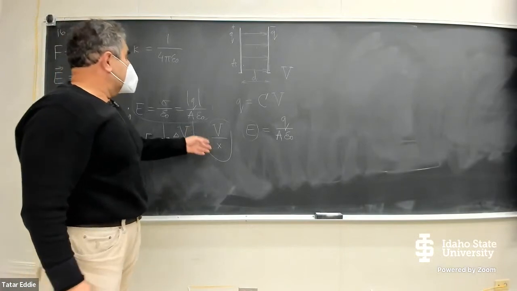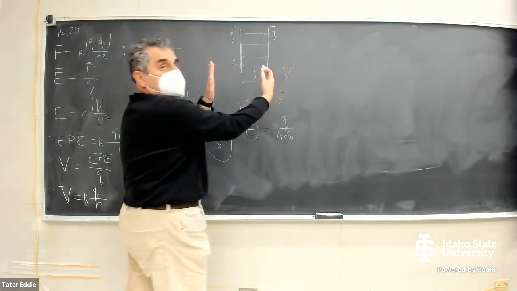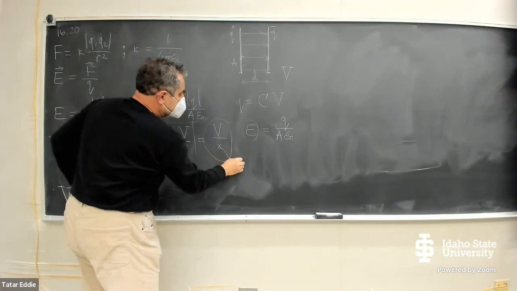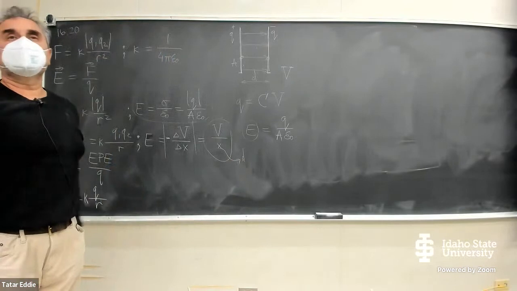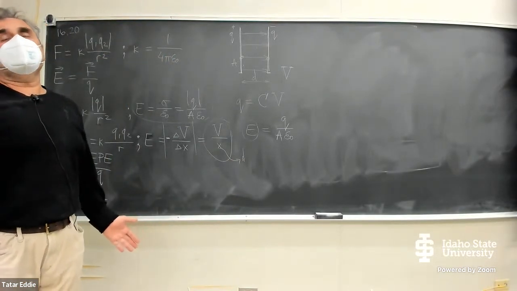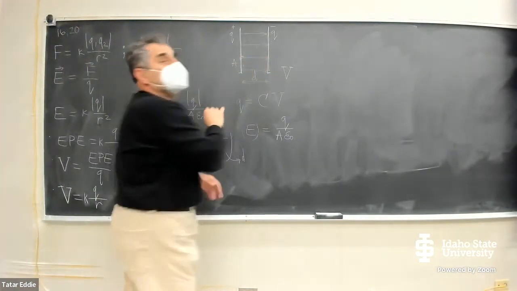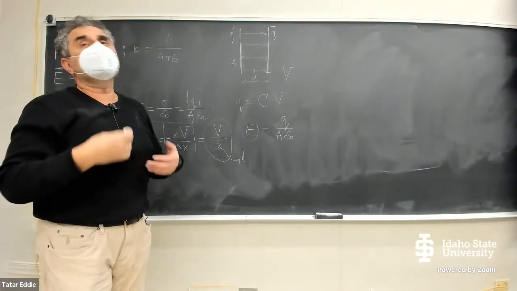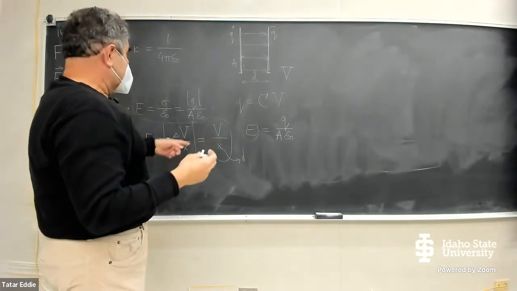To do that, I'm going to take a step size as large as the distance between the plates. In other words, this step size x, I'm going to make as large as it could be. It is a perfectly valid way to do it because the step size d is also going to be along the electric field lines, as it should be. So you can take even a non-infinitesimally small step.